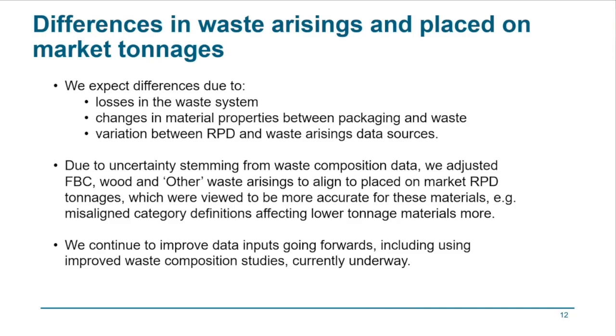As an example of the uncertainties that we identified, there was a misalignment between category definitions, especially affecting those materials with lower tonnages. And we continue to improve our data inputs as we progress our calculations, including using improved waste composition studies, which are currently underway. Next slide, please.